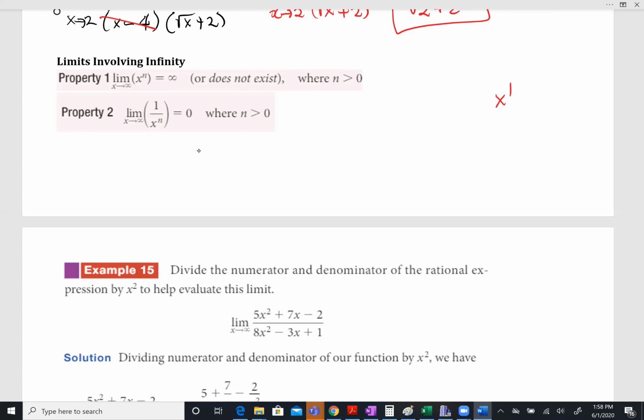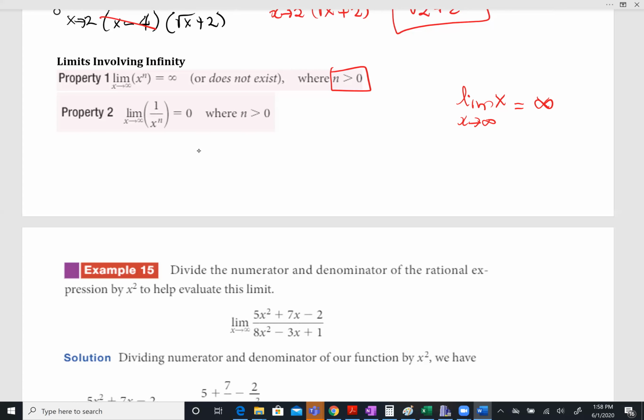What happens for x to the power 1? It's just x. If x goes to infinity, by direct substitution it's going to be infinity. Similar for all the others, but remember that n has to be greater than 0.